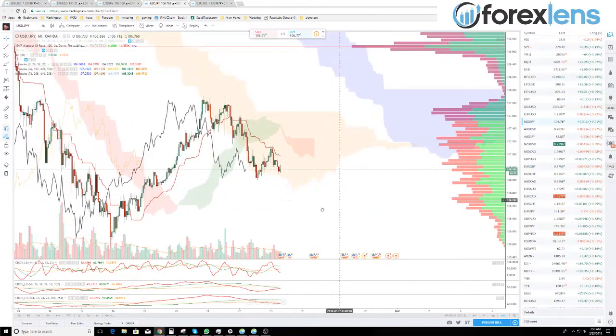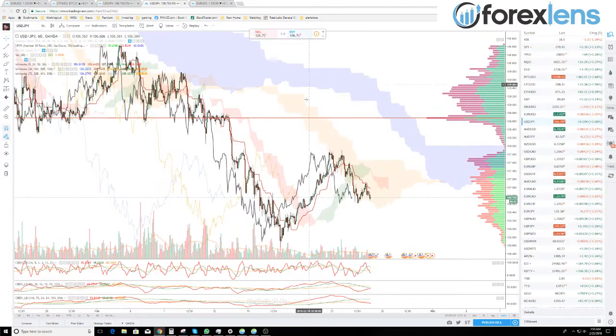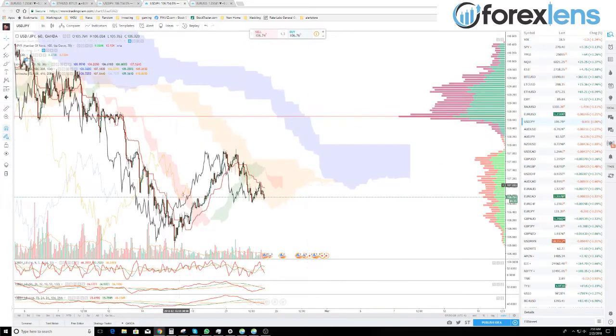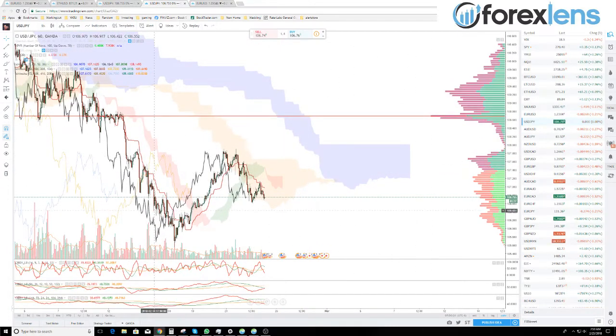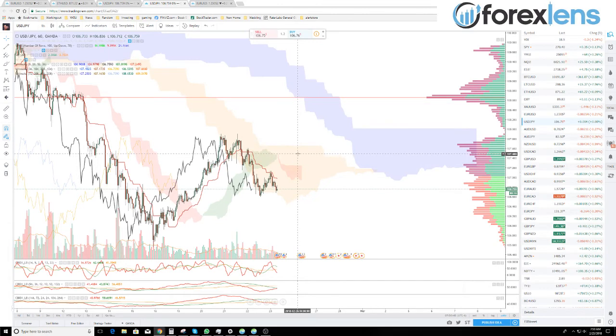So we got 1, 2, and we should expect a third leg drive up. And you can see that we're getting closer and closer to all of these areas kind of converging and coming together. That could be for another move down. That could be for a move up. But we're not looking to trade or go long here until we break the 1 hour cloud, and so does the lagging span. So we're holding off on this trade here.